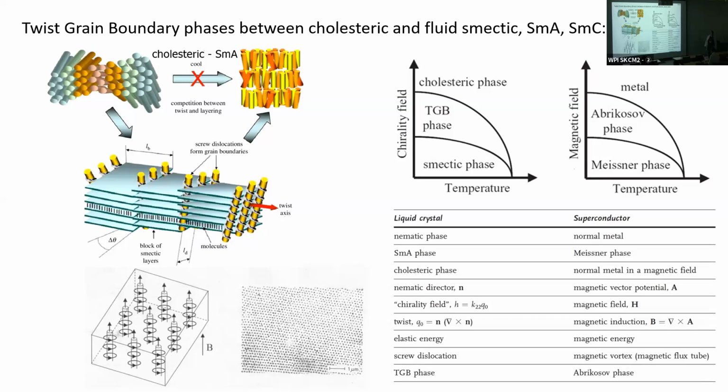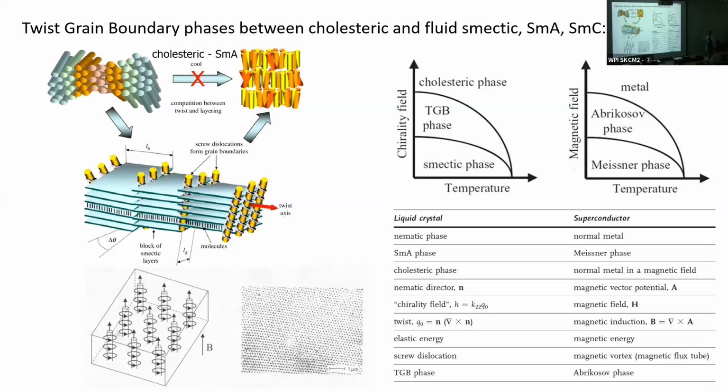Okay, so another frustrated phase, or actually it's a set of phases, the twist grain boundary phases, and they occur between the cholesteric and the smectic phases. And this is where you have the relations to solid state physics. Because the twist grain boundary phase is the liquid crystal equivalent to the Abrikosov phase of a superconductor, right?